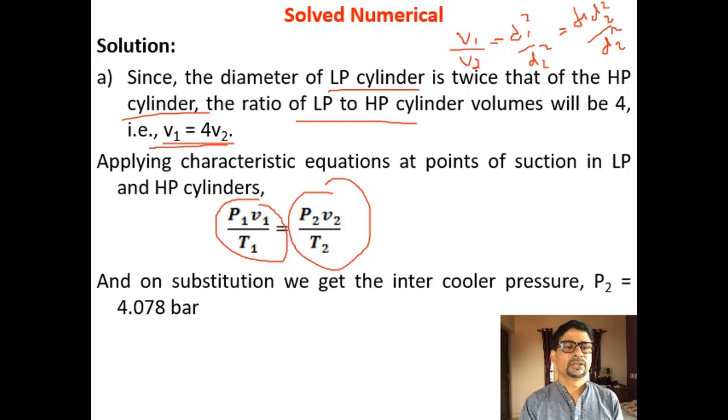Since V1 is equal to 4 V2, you substitute 4 V2. So V2 gets cancelled. P1 is given, T1 is given, T2 is given. After substitution and simplification, you try yourself. You'll get the intercooler pressure P2 is equal to 4.078 bar.